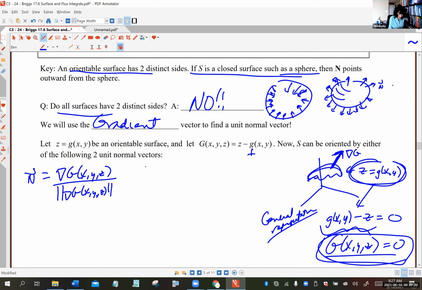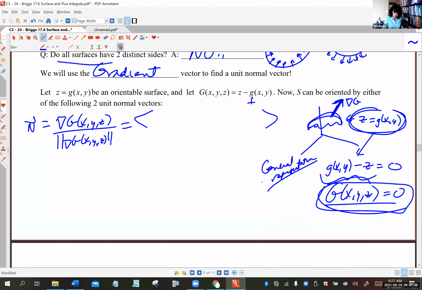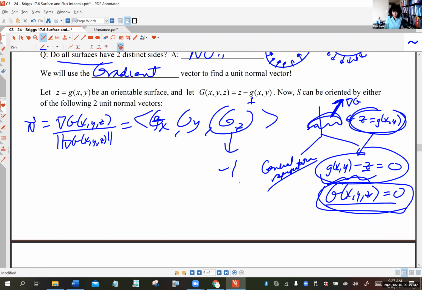And here's the thing that you need to not lose sight of. Since we got z over on this side, if we did the partials, big Gx, big Gy, big Gz, Gz would be -1, but that's oriented down because the -1 is pointing down.